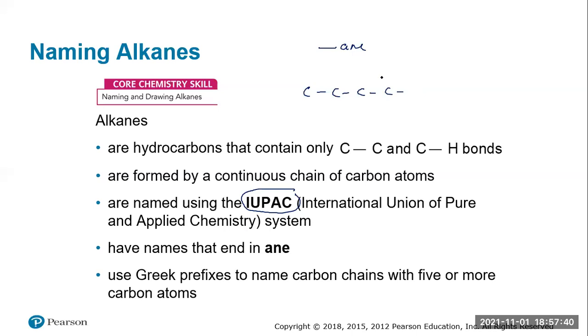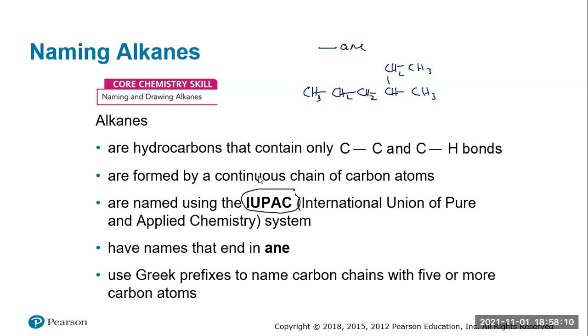But basically, when we go to name an alkane, for example, let me do this here. The very first thing you want to do in pretty much any naming of organic compounds is look for the longest continuous carbon chain.